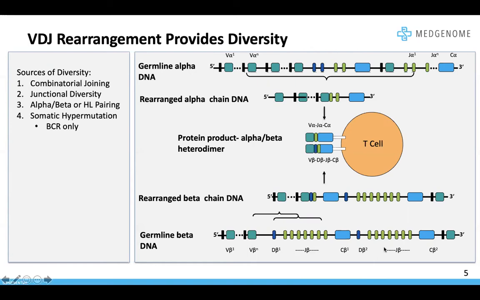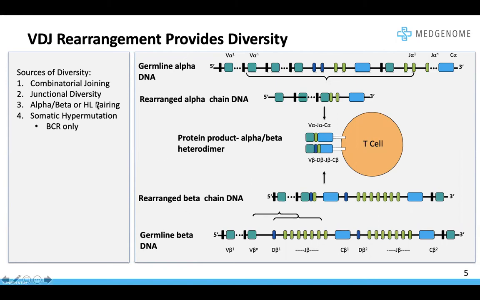And so these get recombined so that ultimately you end up with a T cell receptor that only has one V, one D, and one J on the beta chain, and one V and one J on the alpha chain. So just the combination of which V segment gets combined with which D segment, with which J segment, that's the first step of creating diversity in the T cell receptor.